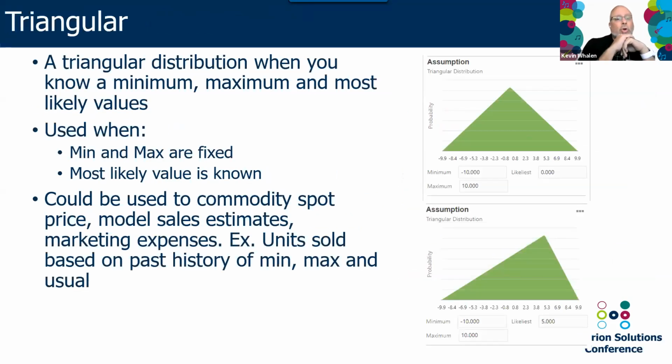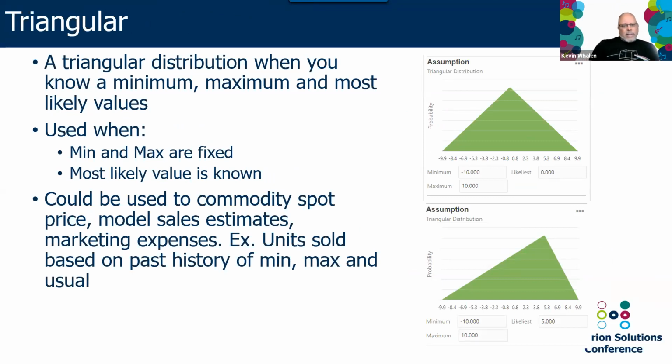Now, if I have the triangular distribution, you can see I have different parameters I can put in there. I've got the minimum, the maximum, and the likeliest. This way I can skew it, like I did on the bottom, where I've changed the likeliest to be 5, but I do know it's going to be somewhere between -10 and 10. This might be used for commodity spot prices.